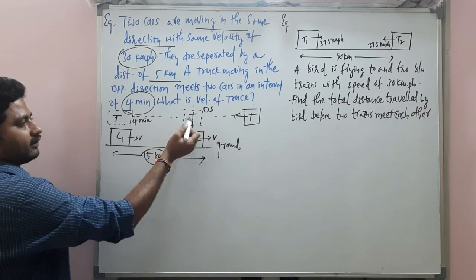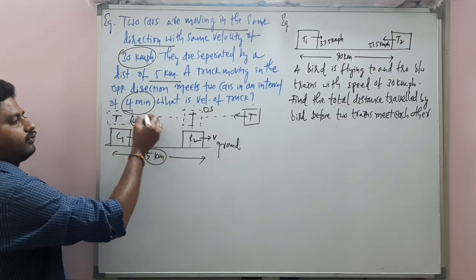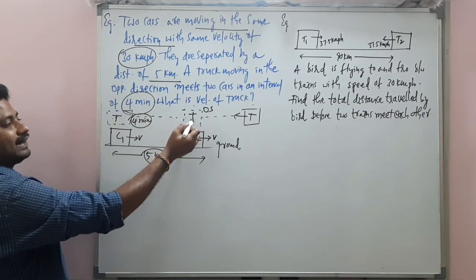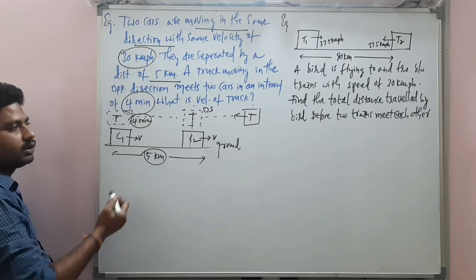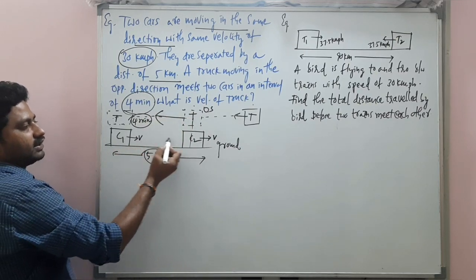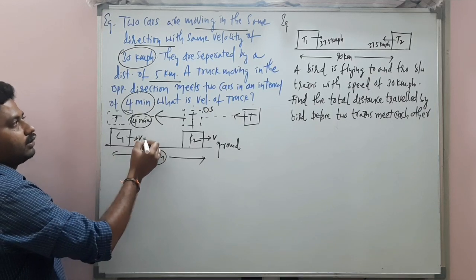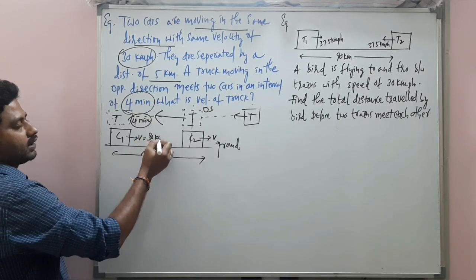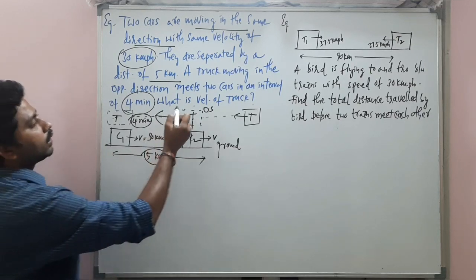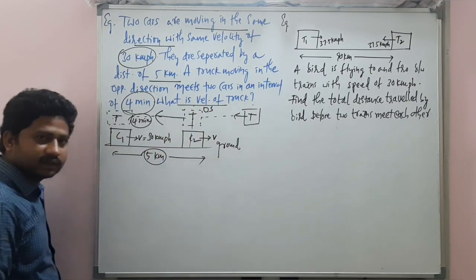What is the time interval from here to here? 4 minutes. And what is the relative speed from here to here? Truck is moving in this direction, and this car is moving in this direction with a speed of 30 kilometers per hour. Now what is the question, my dear students, here? What is the velocity of the truck?